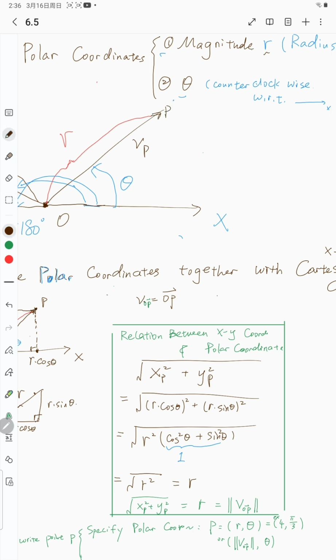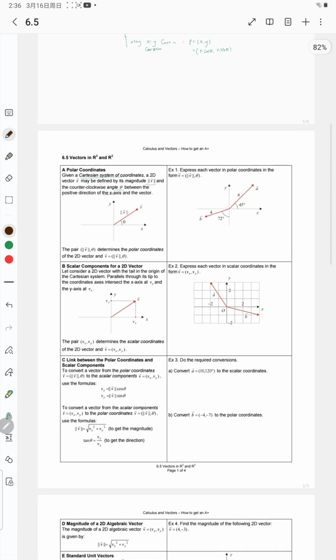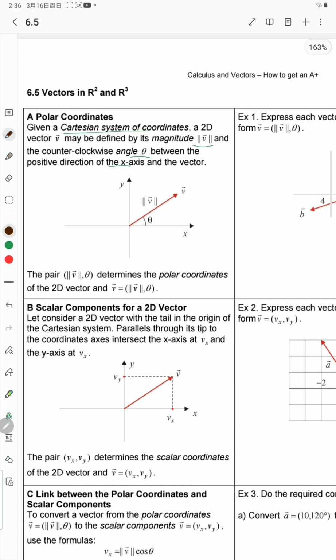Let's keep going. The pair r, theta determines the polar coordinates of the 2D graph. There are a lot of sentences and language here, but we already know this.